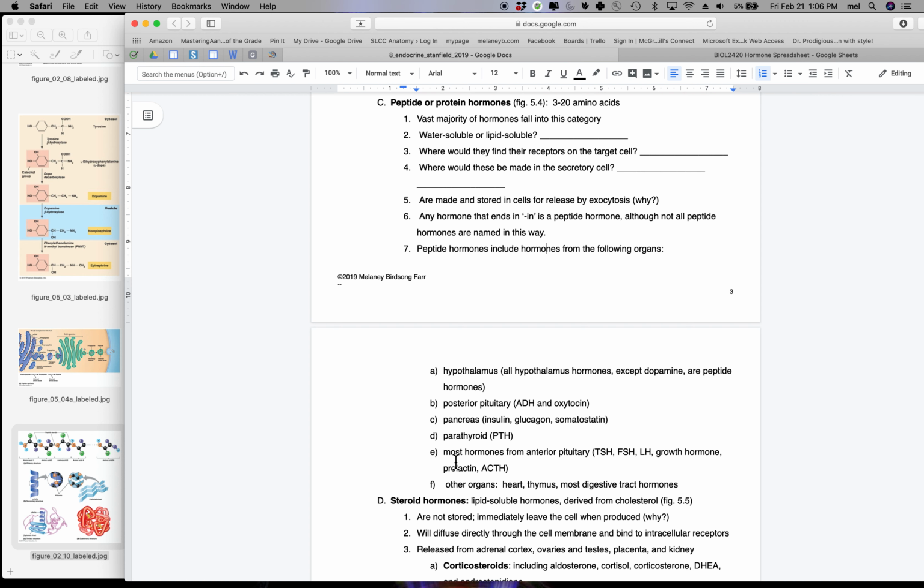We learn 6 of them because there are a couple more, but nobody really understands what they do very well, so I don't teach them to you. So the 6 anterior pituitary hormones that you learn all are peptides. And then there are a lot of other organs that secrete hormones that we don't concentrate on, but they're most likely to be peptides.